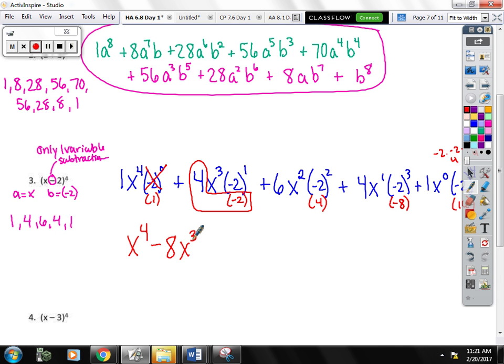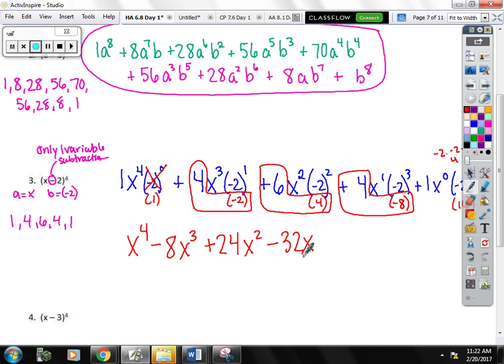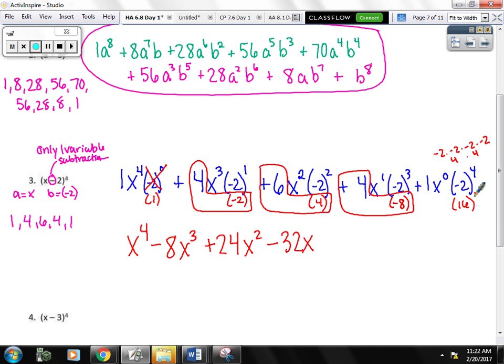The next one, we have a positive 6 and a positive 4, so that will give me a plus 24x squared. Next, we had a 4 times a -8, which gets me -32x. And lastly, positive 1 times a positive 16 is plus 16. That's the answer.